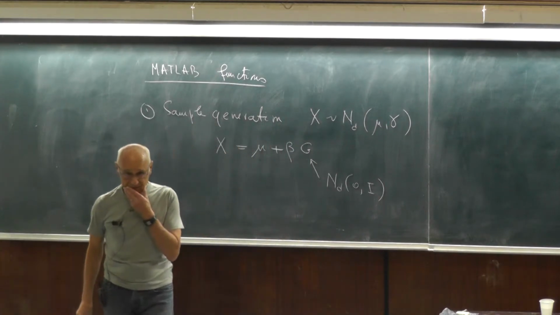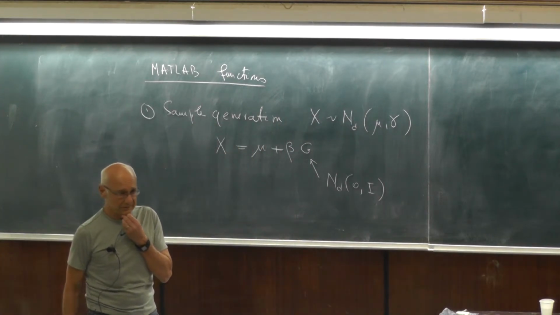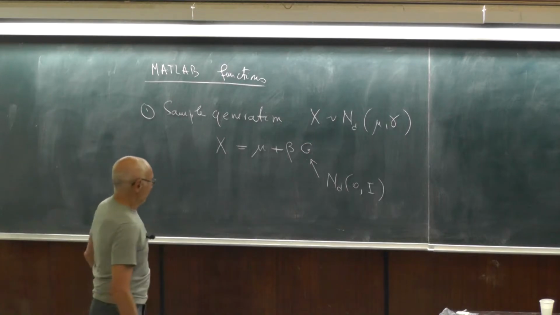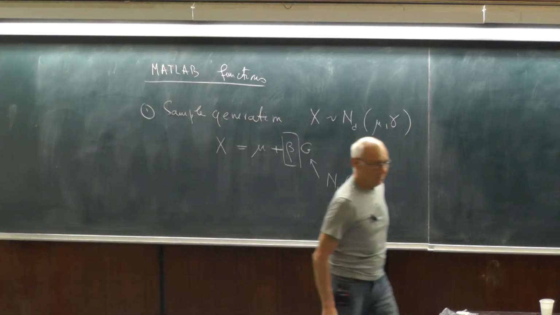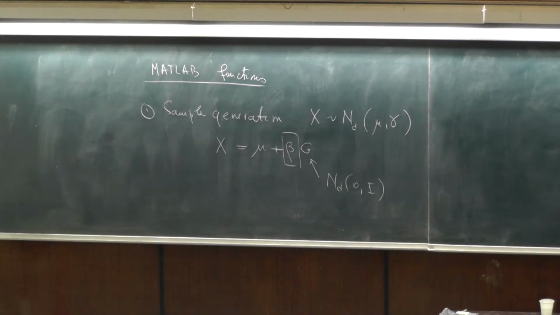And G is standard Gaussian, independent variables. And I mentioned that this beta, it's a diagonal matrix. I'm sorry, it's a triangular matrix. And if you multiply one with the transpose, you get exactly gamma. But we don't have to do the work because MATLAB did it for us.